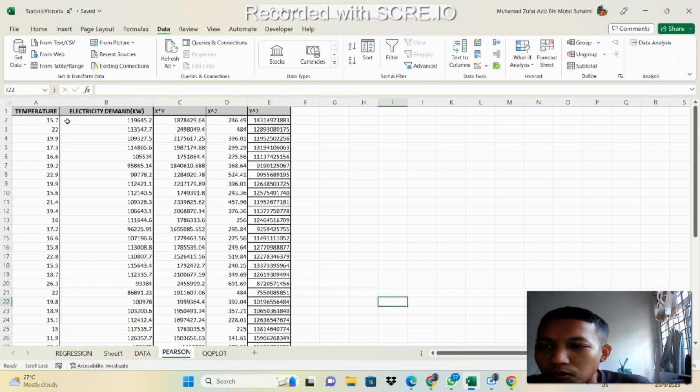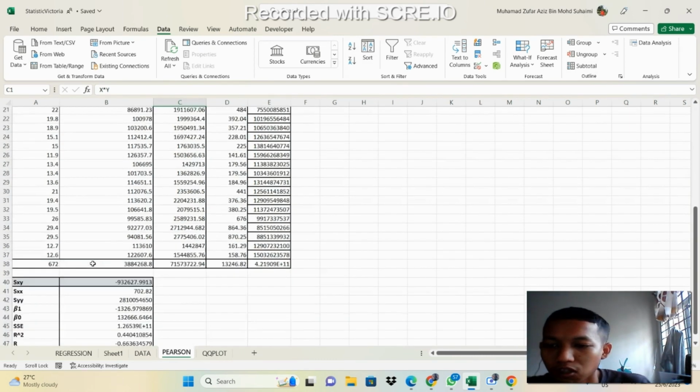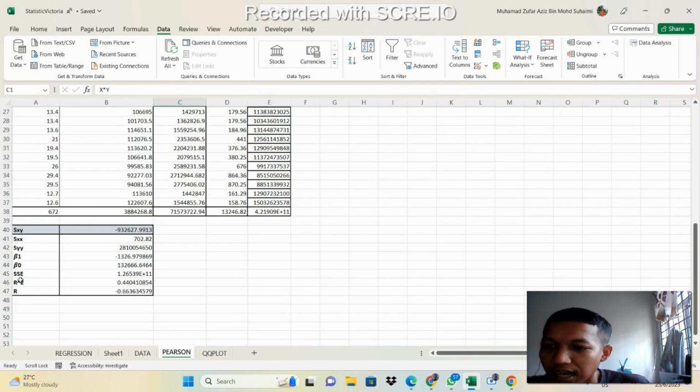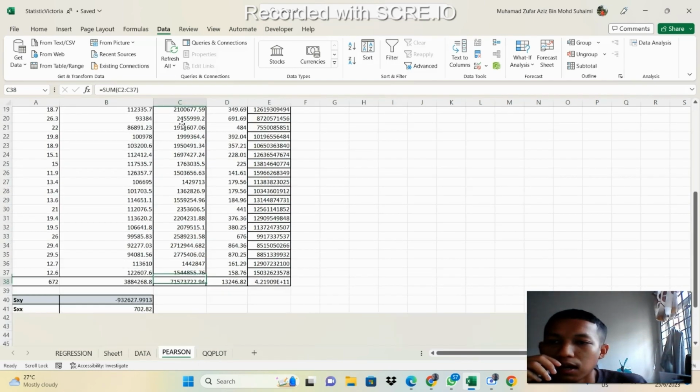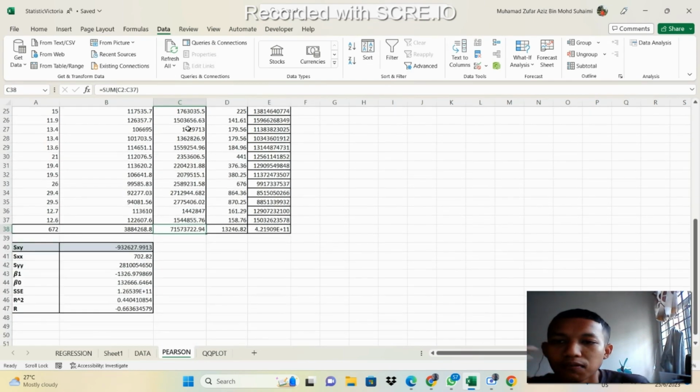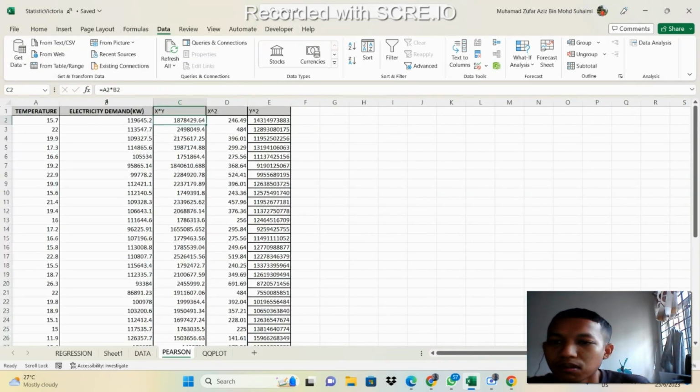So we use the original data, and then we use the function formula of the correlation, which is x times y, x square, y square, in order to obtain SSY, SSX, SXY, beta 1, beta naught, SSE, R square, and R. In order to get the value of the XY, we just multiply X times Y, and the X square just multiply with itself. The same goes for Y square.